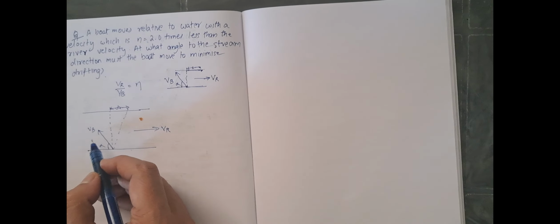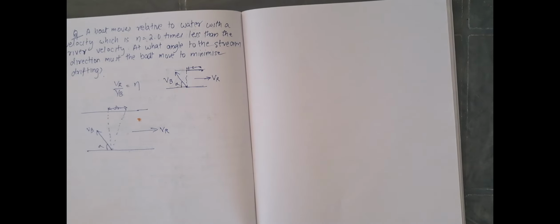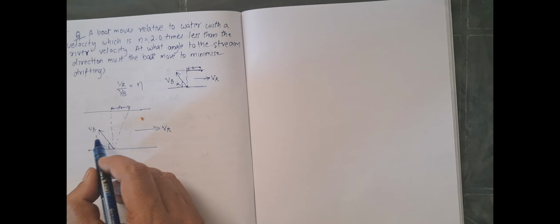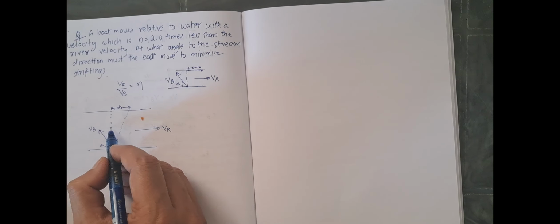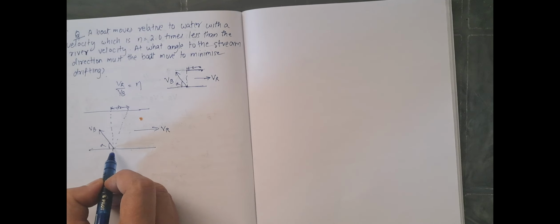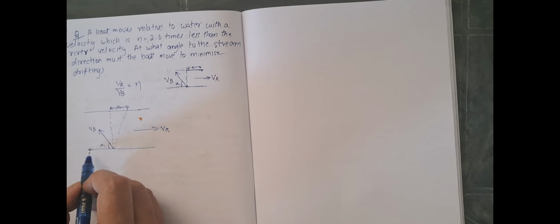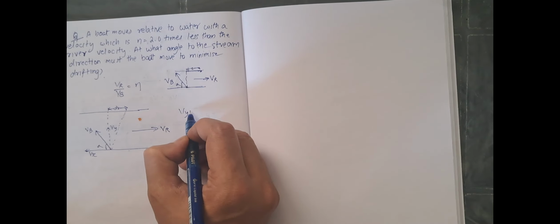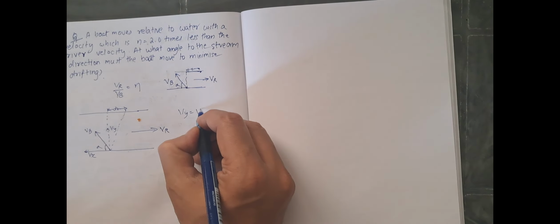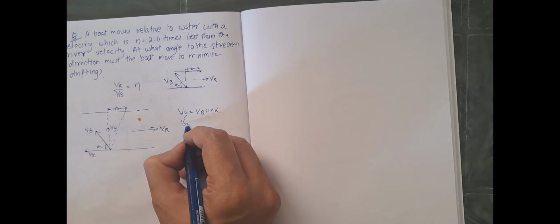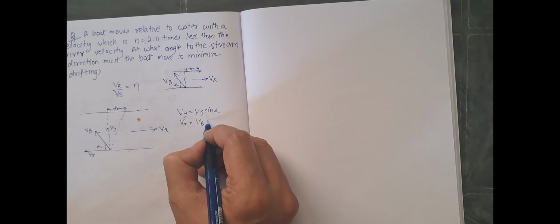Now for this velocity vector, if we divide this into two components, along the direction which is perpendicular to the river and along the direction which is parallel to the river, you can call this Vx and this Vy. Vy will be equal to VB sin alpha. Vx will be equal to VB cos alpha. Right?